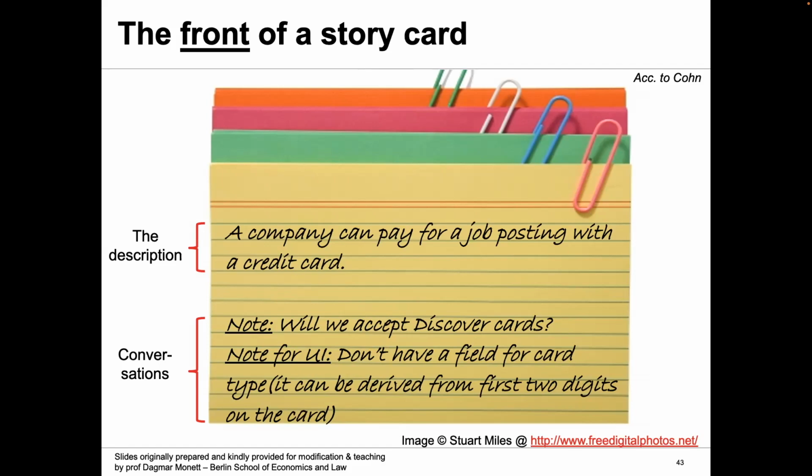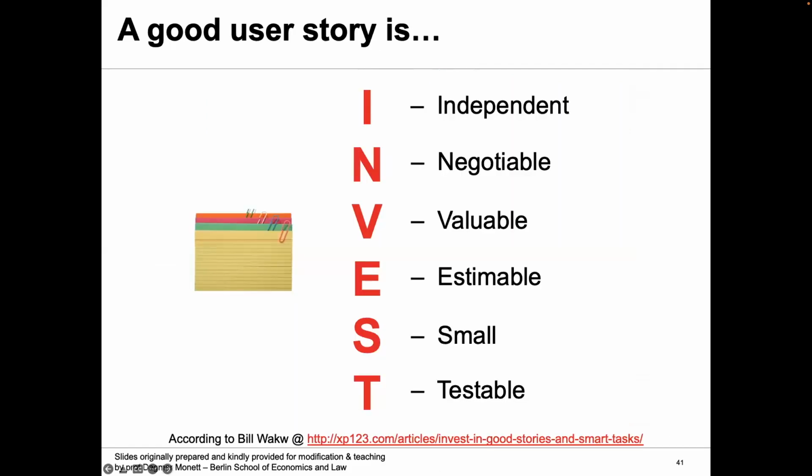There's another slide which is an acronym that they have used in order to describe a good user story, and it's called the INVEST. They say that for a good user story, it's important that the user story is independent.